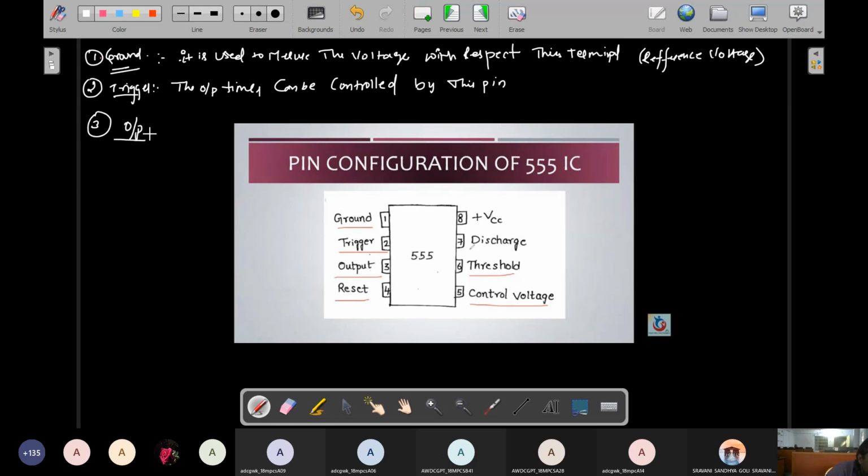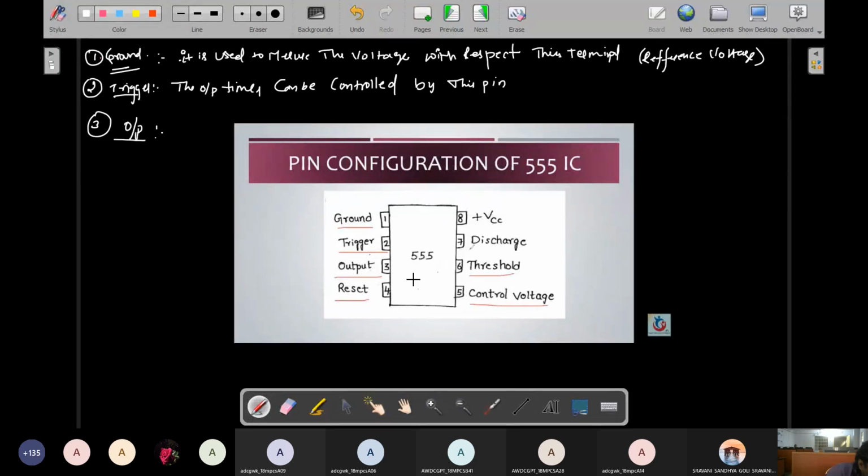So you already know that output means you will give something to this 555 IC using a positive VCC, then you will get something. That is nothing but a complementary signal output of the flip-flop. Inside, one flip-flop is also there. Flip-flops are in the next unit, called sequential logic circuits, where I will tell you what a flip-flop is.